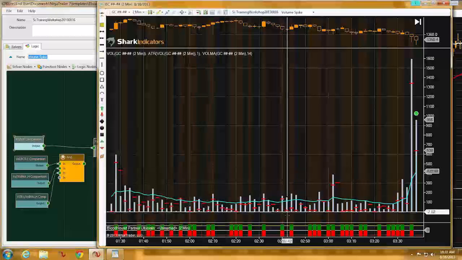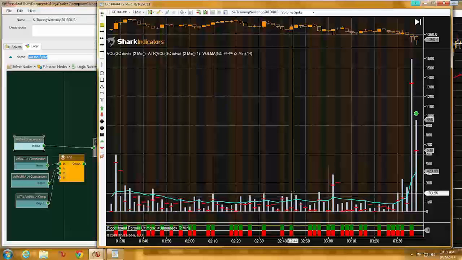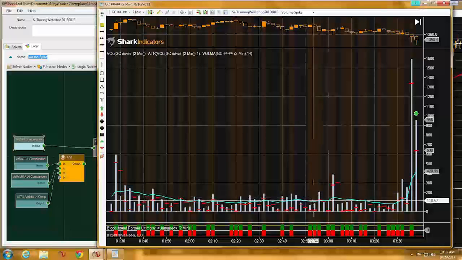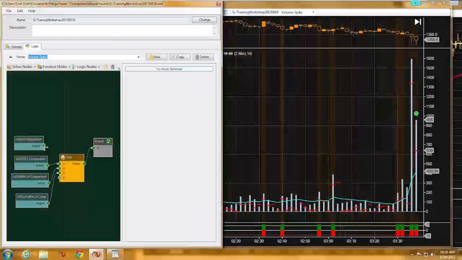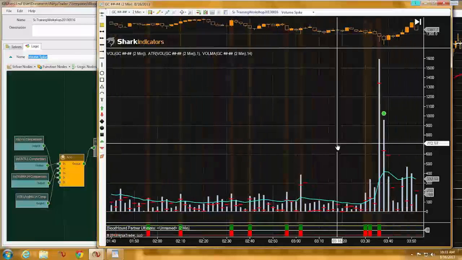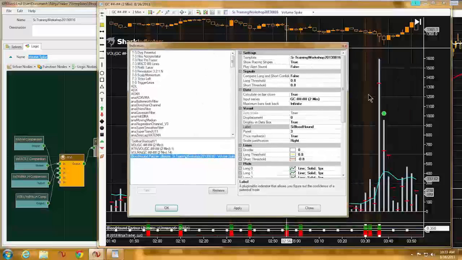So now we can see only when the volume is rising are the bars being marked here. Plug that in. Plug that in. Let's take a look here. I want to make essentially the racing stripe color is like a brown, right?